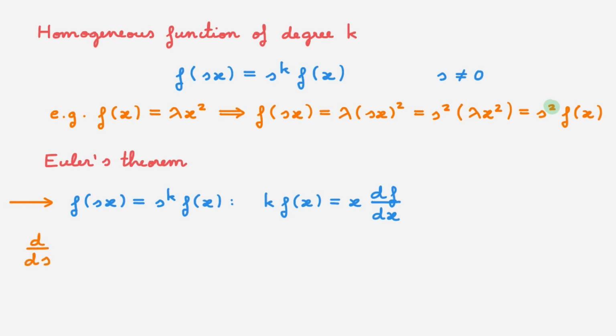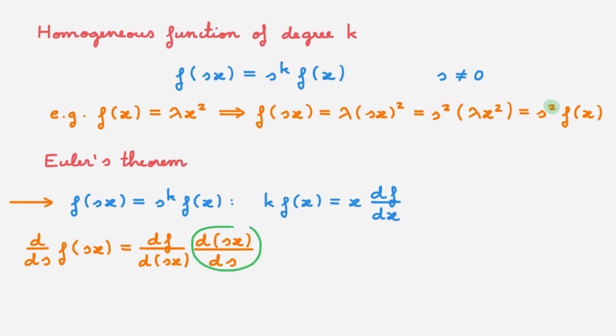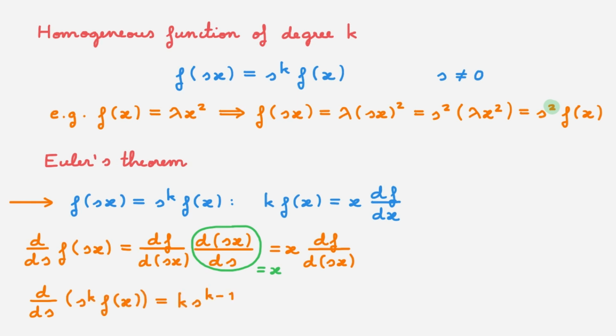Let's first evaluate the derivative of the left-hand side. Using the chain rule, we get the derivative of f with respect to sx times the derivative of sx with respect to s. This here is simply x, so we can rewrite this derivative as x times the derivative of f with respect to sx. For the right-hand side, we get the derivative of this expression, which is simply the derivative of the power times f of x.